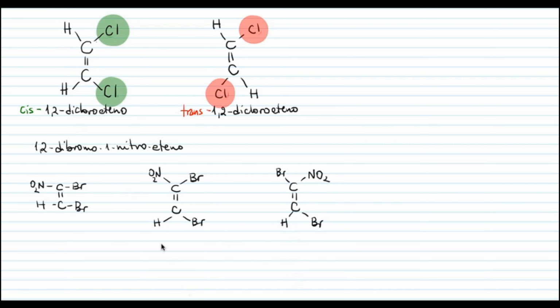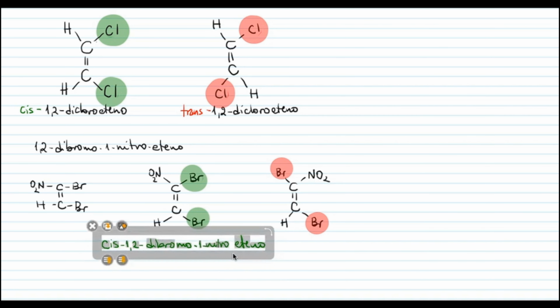So returning to the name: bromine, bromine on the same side; bromine, bromine on different sides. The first one is the cis isomer and is called cis-1,2-dibromo-1-nitroethene, and that would be the full name of the first.